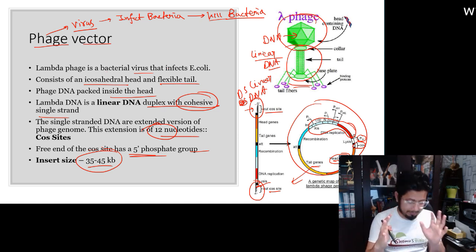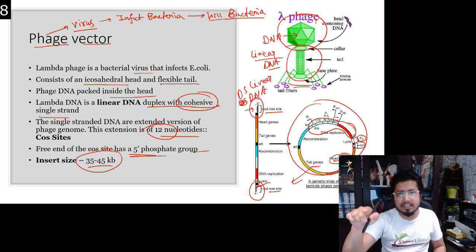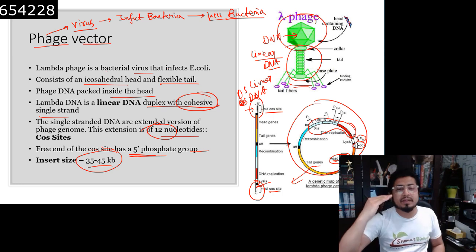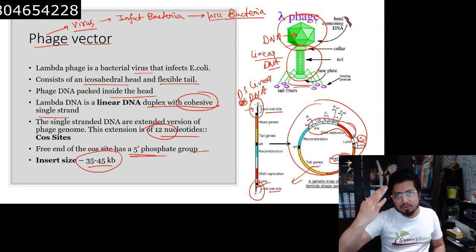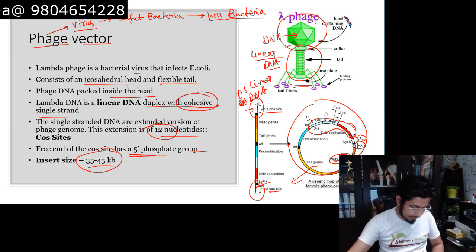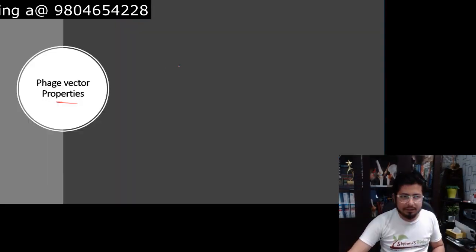This lysogenic cycle can shift back to the lytic phase whenever the bacteria find the environment feasible to come out as a phage particle, and then the process can repeat.